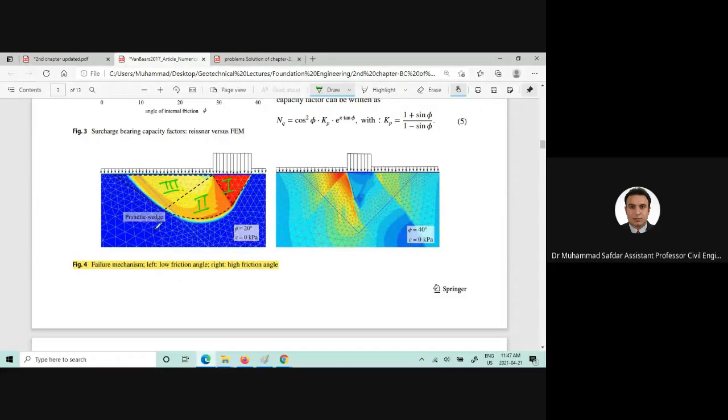So this is the Prandtl wedge, where a low friction angle or loose sand is used, because the friction angle is very low. And if dense sand is used, you can clearly see that we are experiencing a different kind of failure.